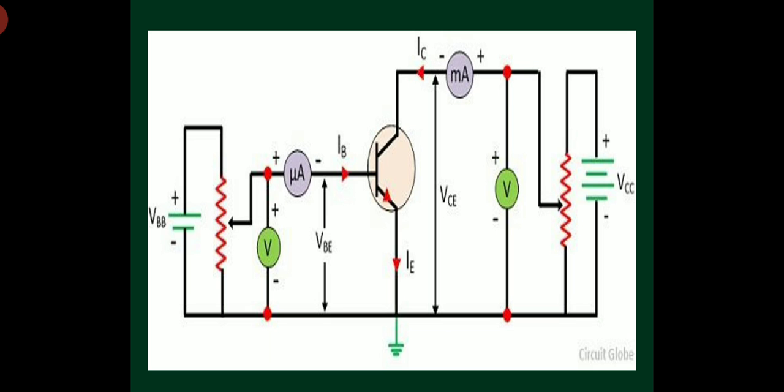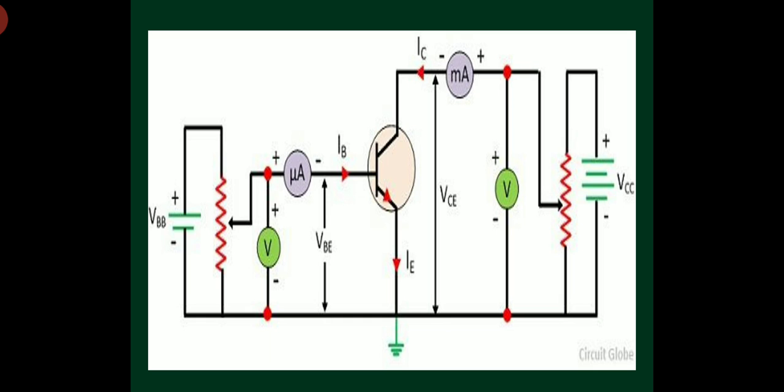In the common emitter configuration, the input current is IB and the input voltage is VBE, the junction voltage, which is the input voltage for the transistor, right? VBE.